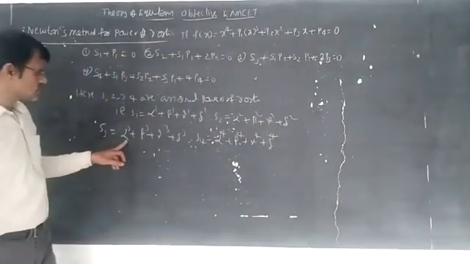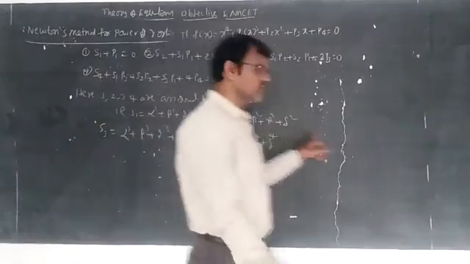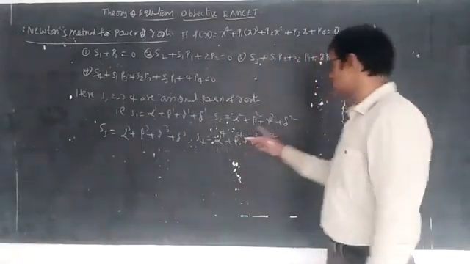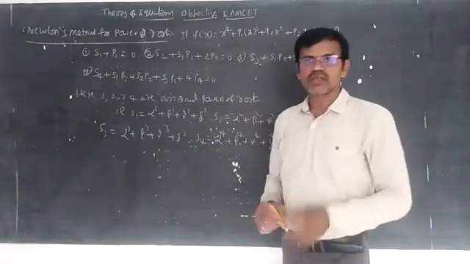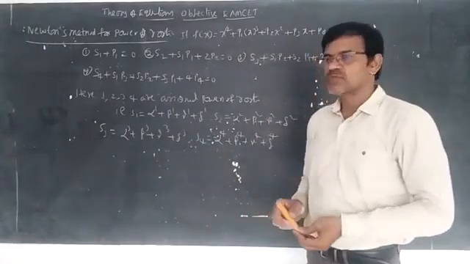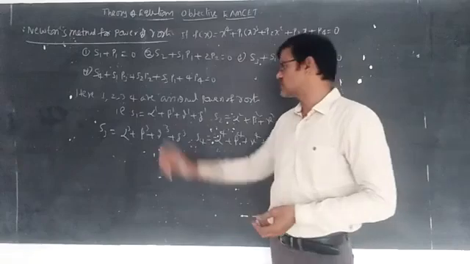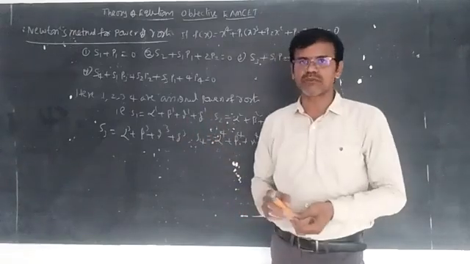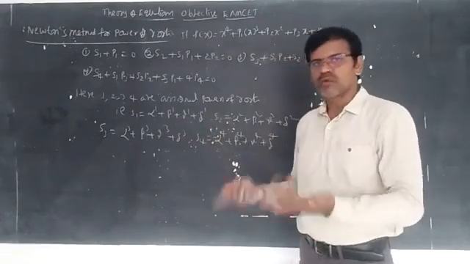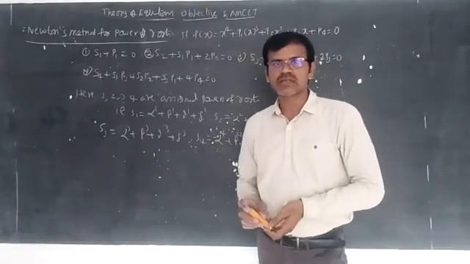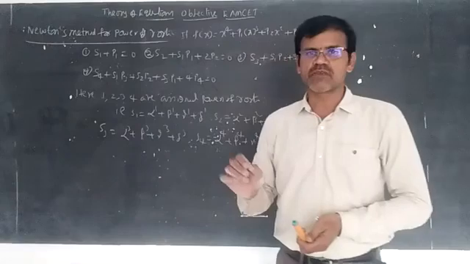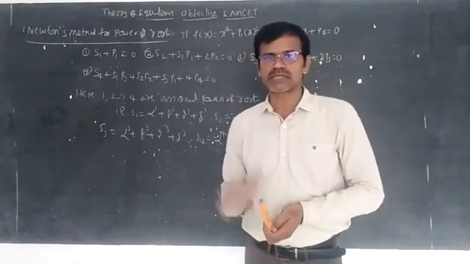Until here, for the biquadratic equation, we did not face alpha square plus beta square plus gamma square plus delta square, and alpha cube plus beta cube plus gamma cube plus delta cube. In theory of equations, only for the cubic equation have we faced alpha square plus beta square plus gamma square and alpha cube plus beta cube plus gamma cube. We used the formula alpha square plus beta square plus gamma square as (alpha plus beta plus gamma) whole square minus 2 of (alpha beta plus beta gamma plus gamma alpha).